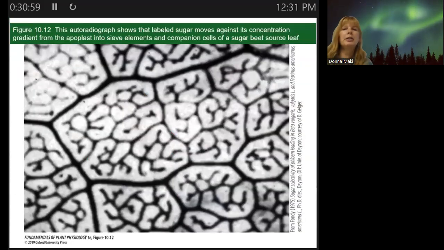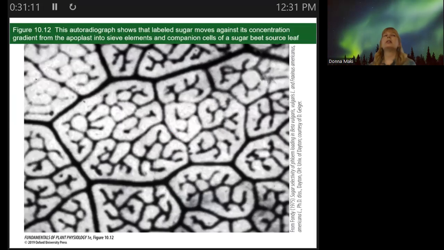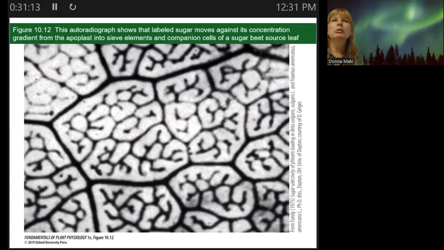And here's a good picture of what they did. They radio-labeled the carbon dioxide, fed it to the leaves, and then the leaves do the photosynthesis, and all the black is the sugar resulting from that. So that's radio-labeled sugar.